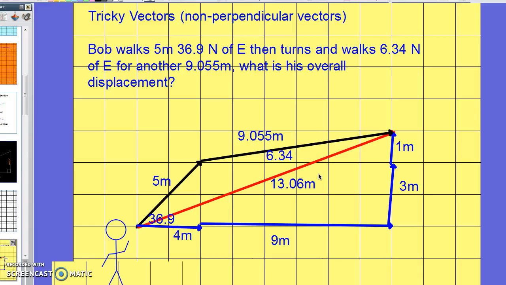You can save that for the last step. But if it's at an angle, break it down into x's and y's. Then, once you've broken down all your angles into x's and y's, you take all of the x's and y's and make a triangle out of it. That is your method.